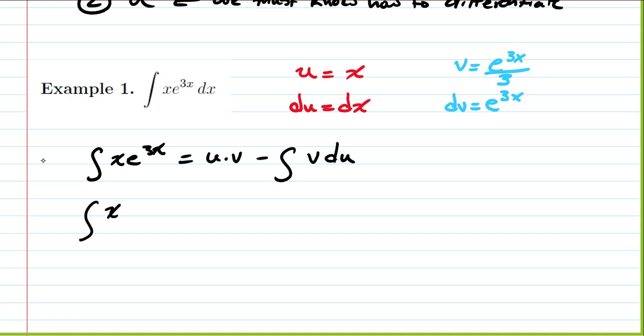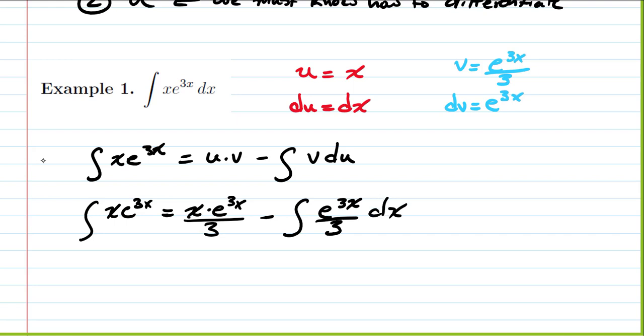So filling in the parts that we just calculated, we have u times v is going to be x times e to the 3x over 3 minus the integral of v du. And we're going to have e to the 3x over 3 dx.